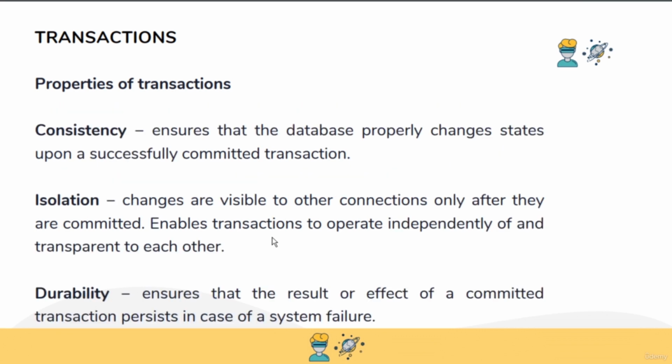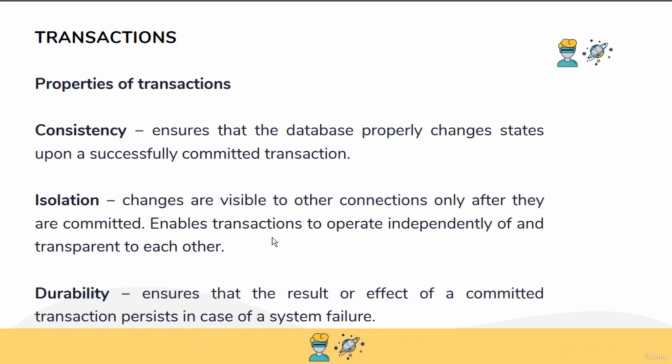Next, C stands for consistency. It ensures that the database properly changes states upon a successfully committed transaction. Isolation: changes are visible to other connections only after they are committed. Imagine if we had the change of 8,000 to 5,600 being visible to other connections while the state was still not both.